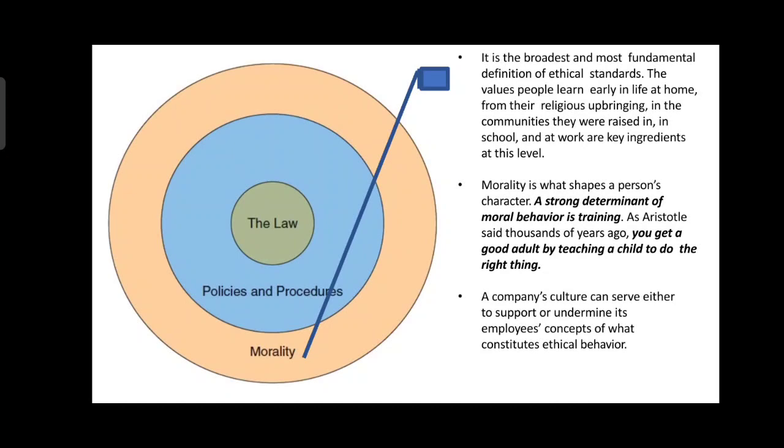Not to become religious here, but practically speaking, how do you determine right and wrong, class? How do you determine a certain behavior is right, and how do you determine that a certain behavior is wrong? What is your basis? As Christians, the best basis to determine right and wrong is the Bible.